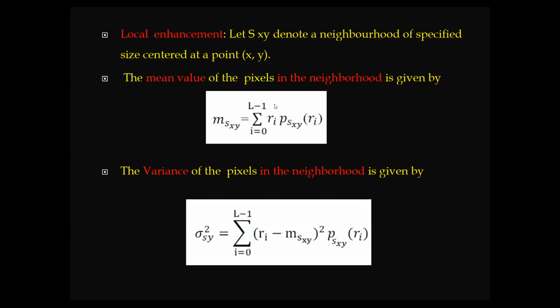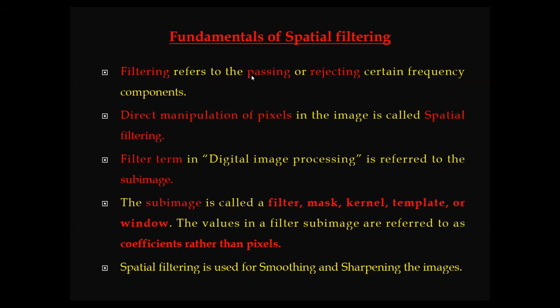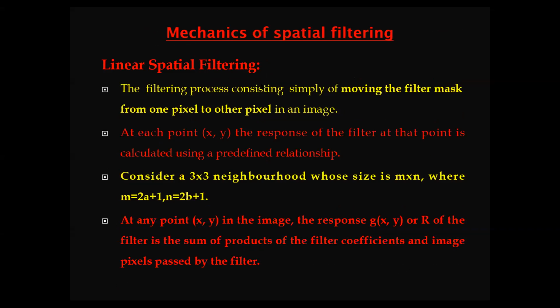So till now we have discussed histogram processing. Histogram is a very important topic. In the next class we will discuss the fundamentals of spatial filtering and how to perform spatial filtering operations.